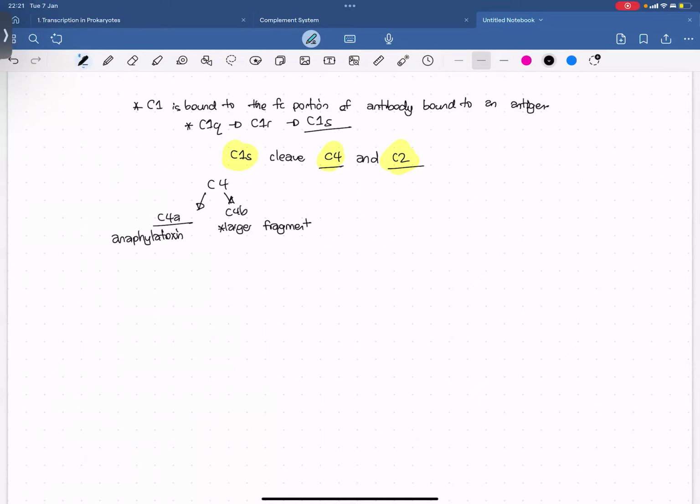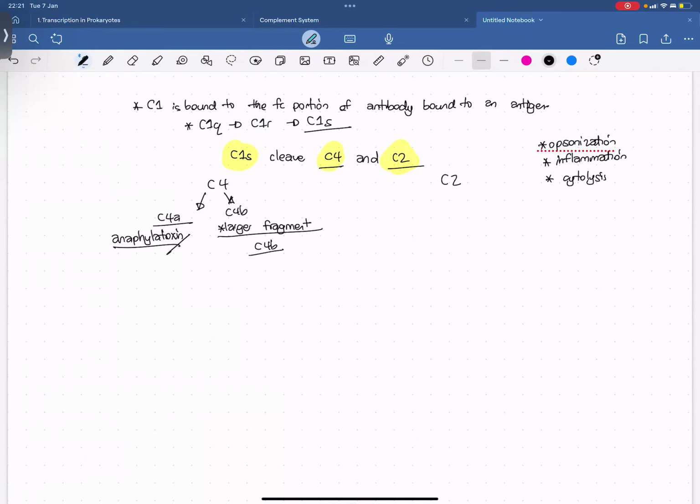We said the goals of the complement proteins are opsonization, inflammation, which is brought about by the anaphylatoxins, and we have formed one here, and cytolysis. So you're going to see this in the complement pathway. This larger fragment is going to remain, while the smaller one will diffuse away. So you have C4b here as the larger fragment.